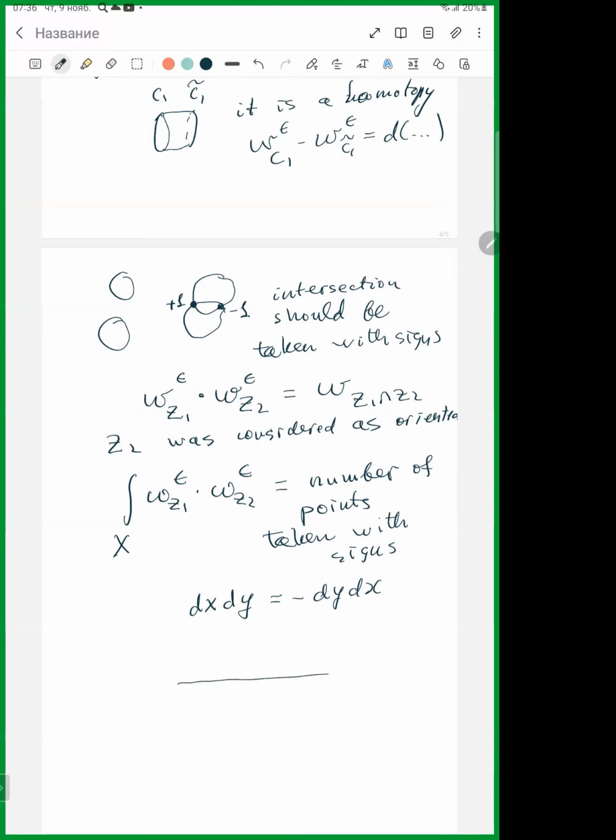I can even draw it. So let this be Z1. So this is a piece of Z2. And here is another piece of Z2. You see, they go in opposite direction. Yeah, I understand. Thank you.